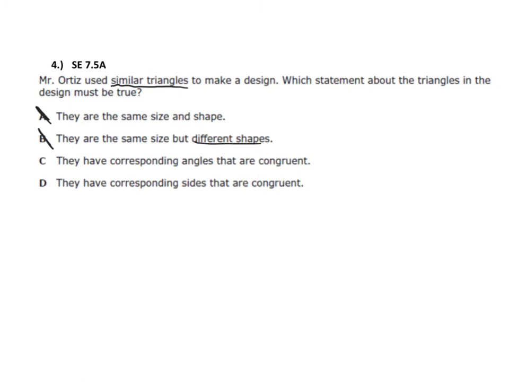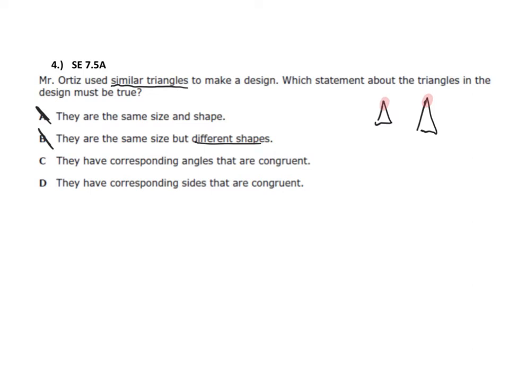C says they have corresponding angles that are congruent. So that means if we have a triangle, then we have a bigger triangle, that this angle and this angle are congruent. They're the same. Okay, that's a pretty good option because the angles don't change no matter how big or how small this shape gets.